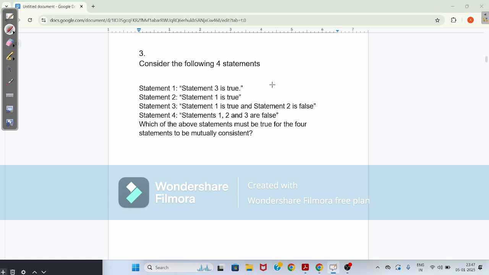Now here, this is the question which has been given. Statement 1 says statement 3 is true. This is statement 1, statement 2, statement 3, statement 4. Statement 1 says 3 is true, and statement 3 states 1 is true.